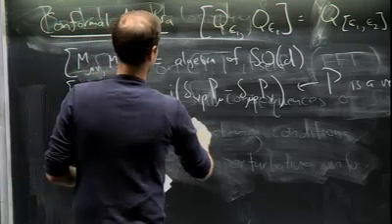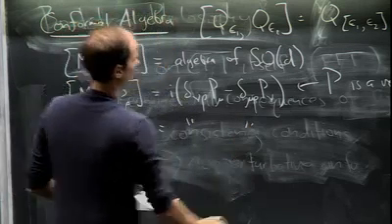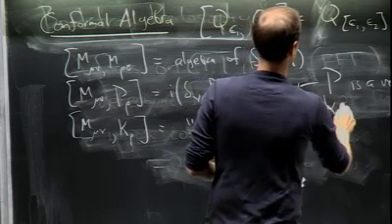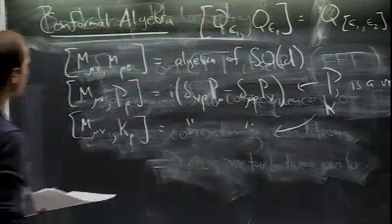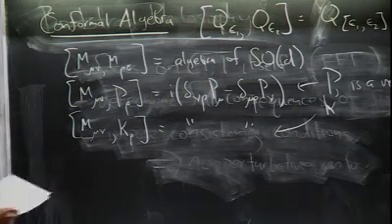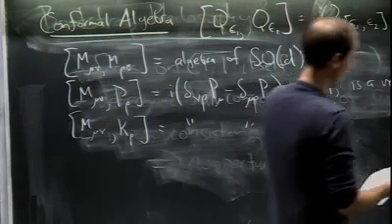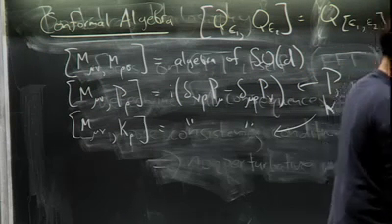And this looks basically the same because K is also a vector under SO(D), okay? So that's just simple. Those are just the consequences of rotations.